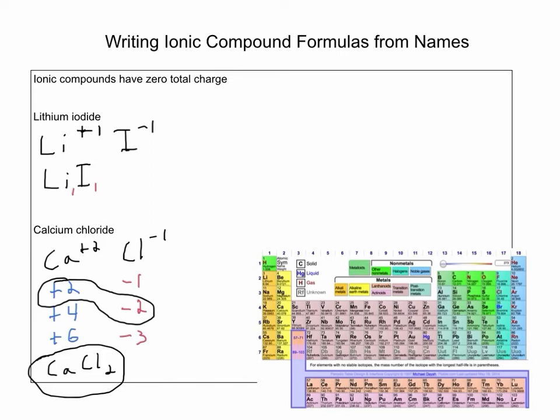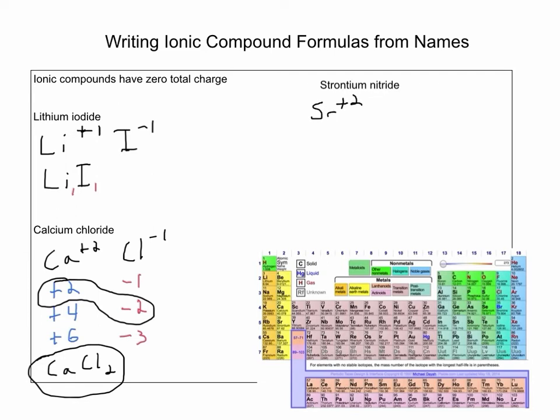Let's do one final one for practice. So let's do strontium nitride. And we have to write the compound formula for this. So first step, where's strontium? Well, strontium is in the second group, so strontium has a charge of +2.